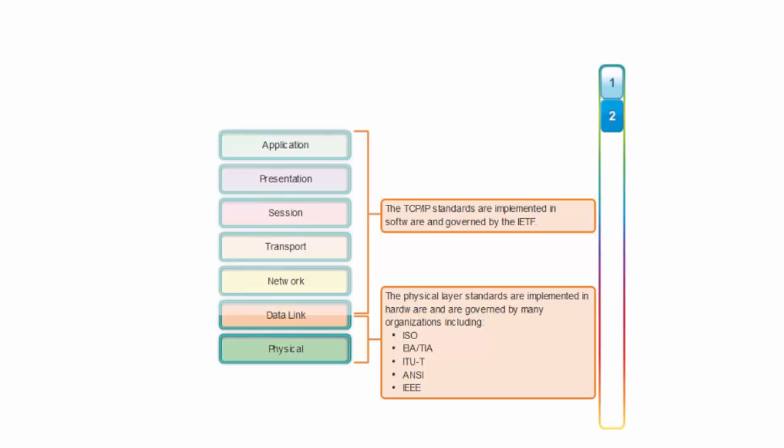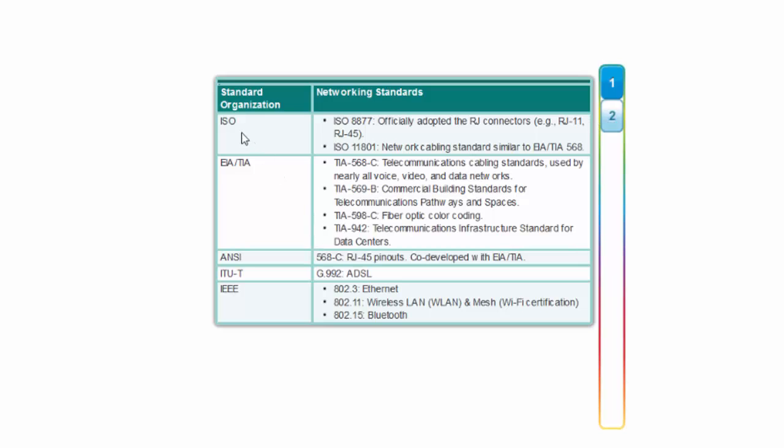So regarding standardization in the physical layer, there are multiple organizations which develop the standards in the physical layer. So we have ISO, and we have ITU, and we have IEEE. The different standard organizations develop different standards in the physical layer, which are summarized in this table here.